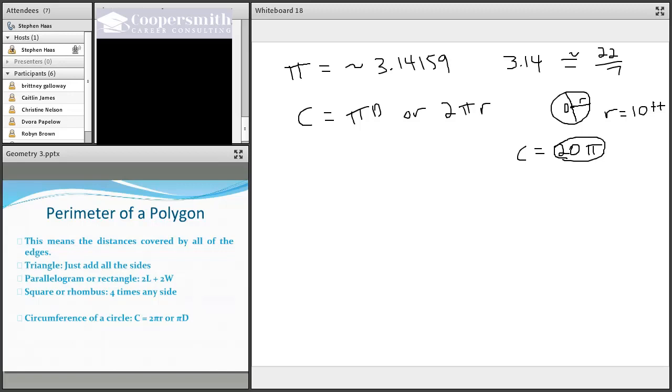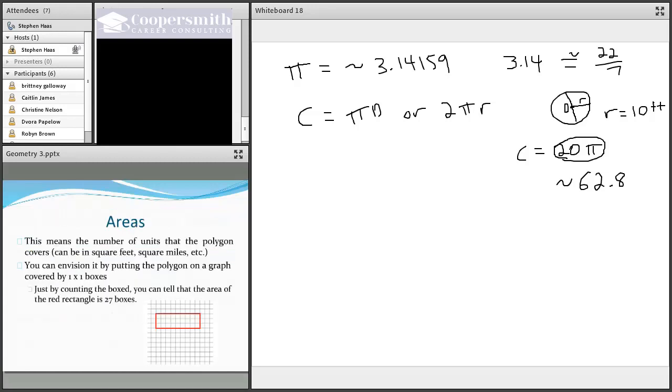And 20 times 3.14 is, well, I don't want to get it wrong, so I'm just going to do it on my calculator. And we've got 62.8. So our answer is approximately 62.8. It's going to be a little bit different than that, but that's close enough. So you can round it off to the nearest tenth or nearest hundredth, something like that.